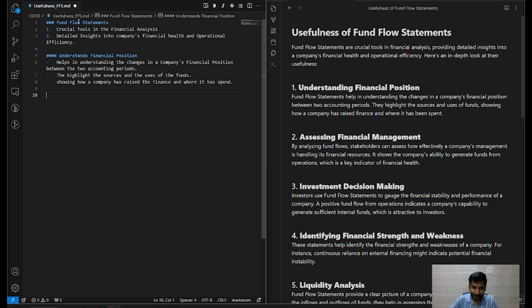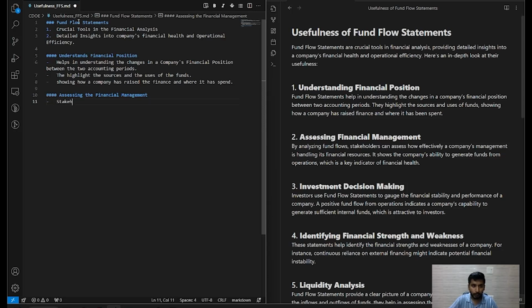Another use is that it helps in assessing the financial management. By analyzing the fund flow, stakeholders can assess how effectively a company's management is handling its financial resources.